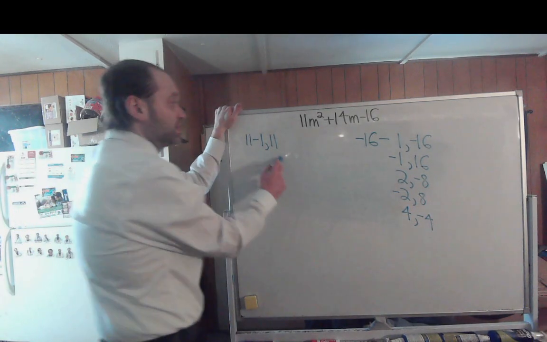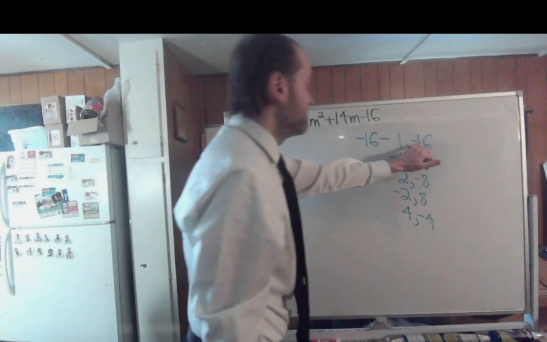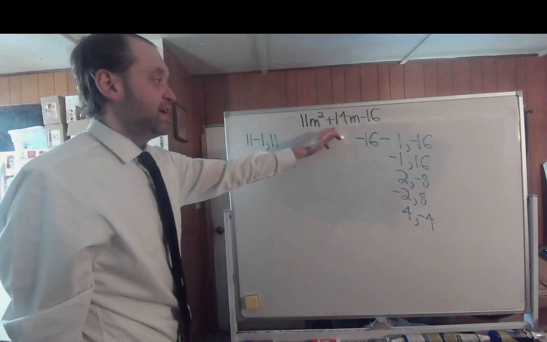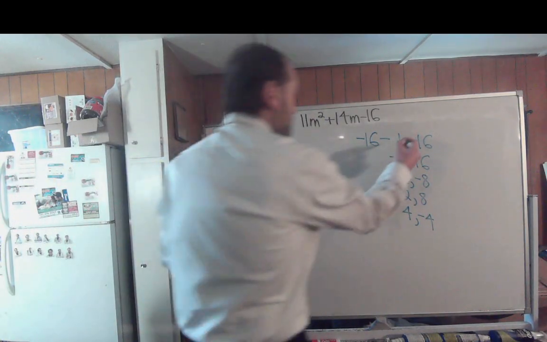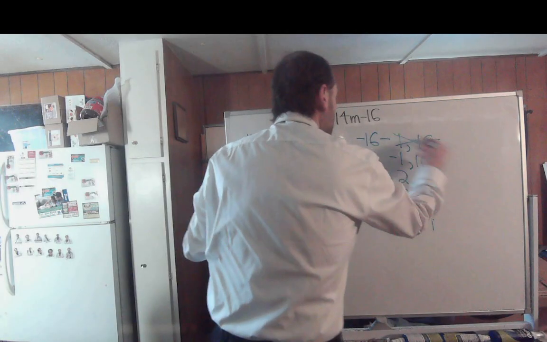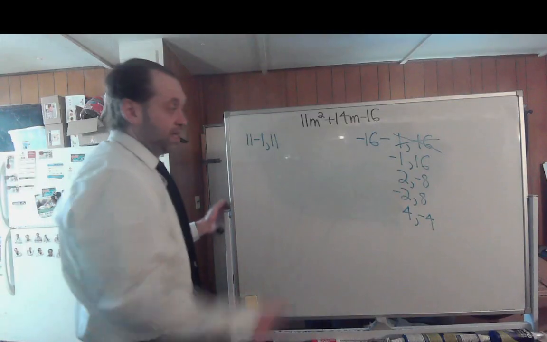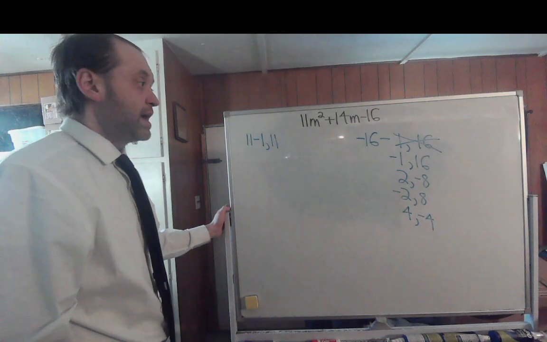Now, what if I took 11 times 1? That's going to give me 11 plus 1 times negative 16. Well, that'd be 11 minus 16, which would give you negative 5. Definitely not working. So this one's out. How about negative 1 and 16? Well, again, we know 11 times 16 will put you in the hundreds, so don't even worry about it.